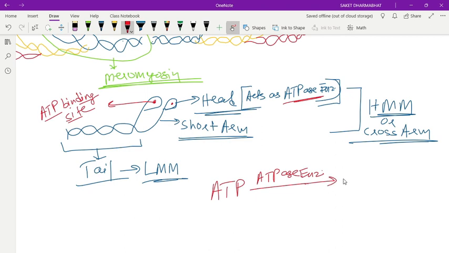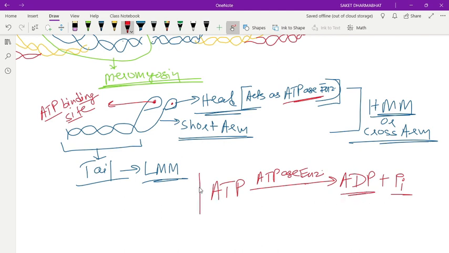This ATP will become adenosine diphosphate plus removal of what? Inorganic phosphate. What is this Pi I have written here? Inorganic phosphate. Tri means three phosphates, one phosphate came out. Now what remains? Adenosine diphosphate.